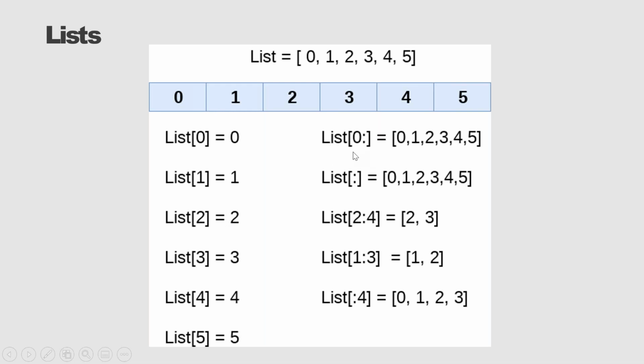Look at the right side, little interesting. If you say list index 0 colon, that means everything after the 0 should be printed. See here, the tricks. Left side you know that problem, but right side important. If you say only colon, it will print everything. If you say 2 to 4, tell me, index 2 is equal to what?